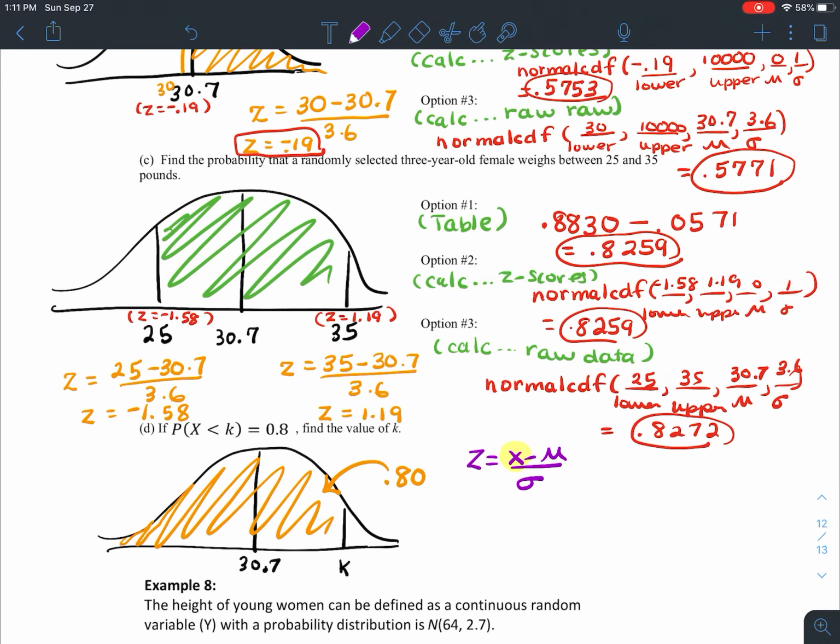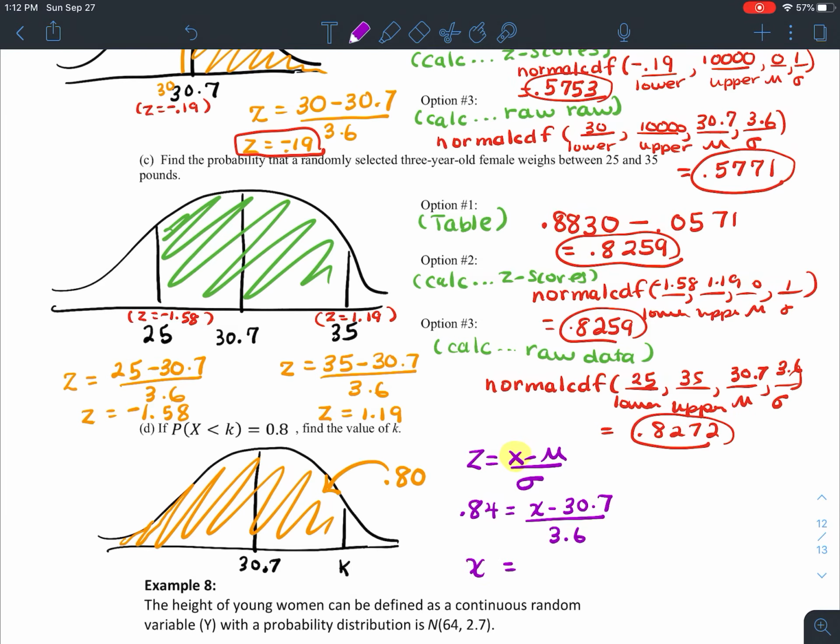Okay, option number one is to think through the z-score formula here. What we're after is X, which we don't know right now. X is really what K is in this particular formula here. We could go to the table and look up in the center of table A where we could find the area to be as close to 80% as possible. If you look in the inside of the table and work your way out, you should find that a z-score with an area to the left of it being 80% would be 0.84.